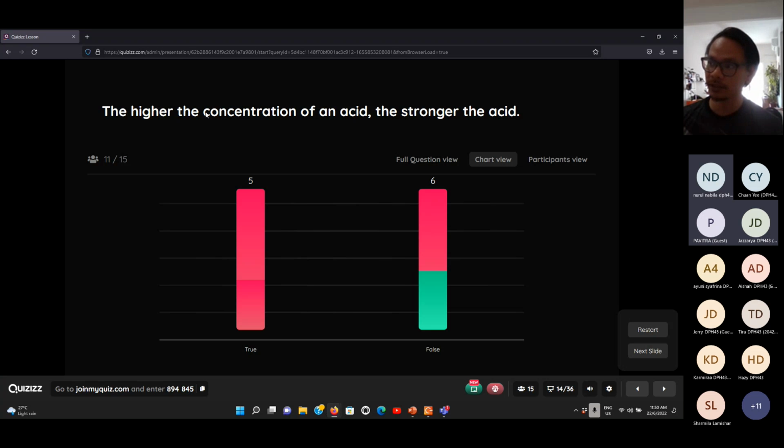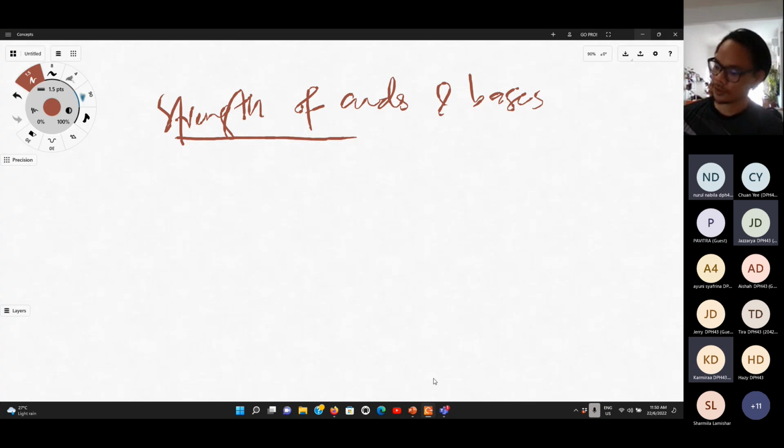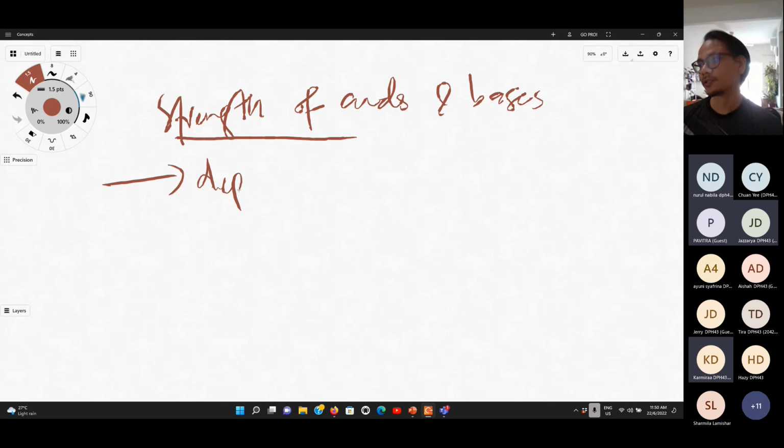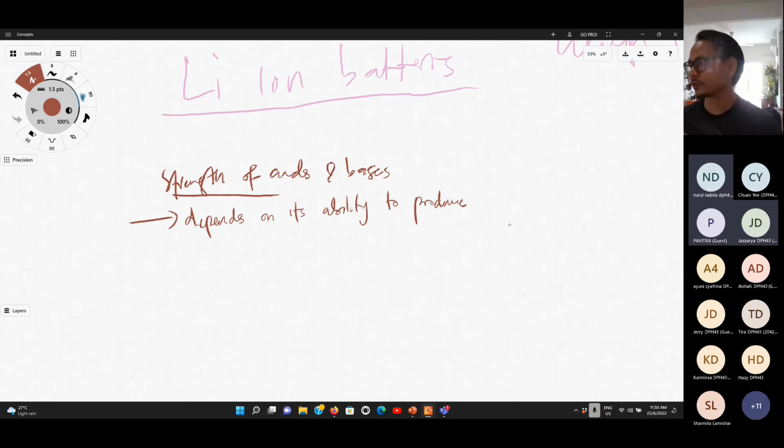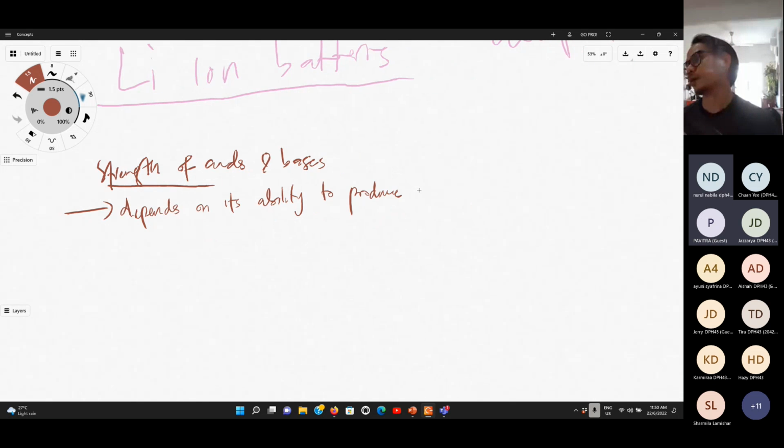We do not look at concentration. Concentration only applies when we talk about pH. Okay? So the strength of acids and bases depends on their ability to produce H plus or OH minus ions completely.